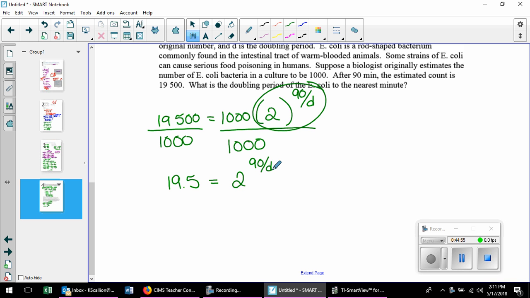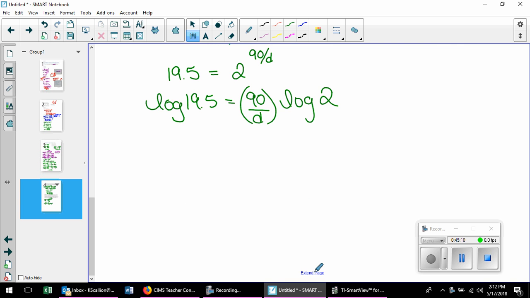I have no logs, so anticipate that you're going to log both sides. So log of 19.5 equals 90 over D log 2.